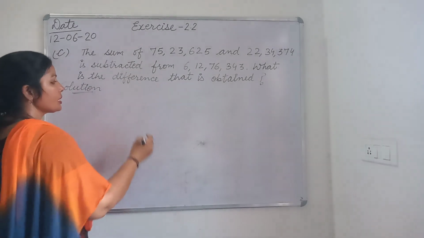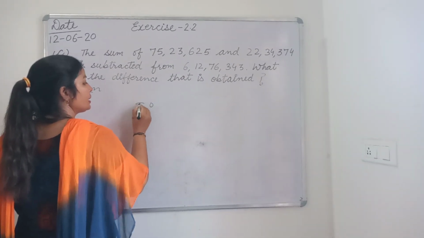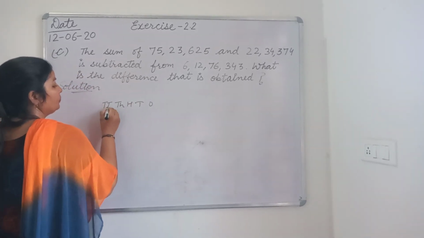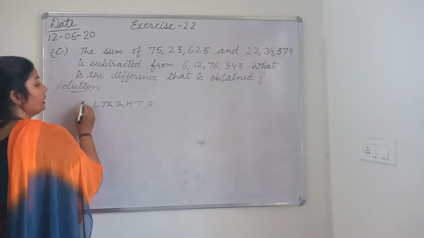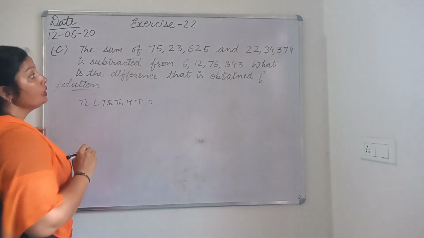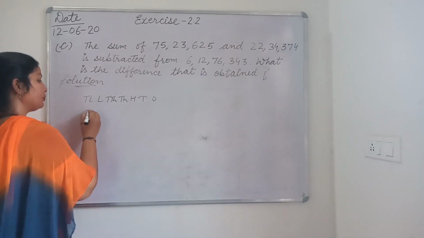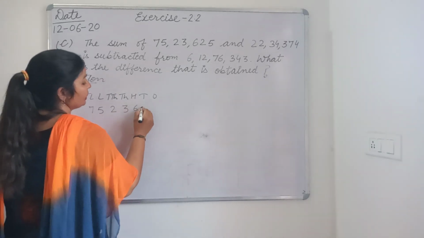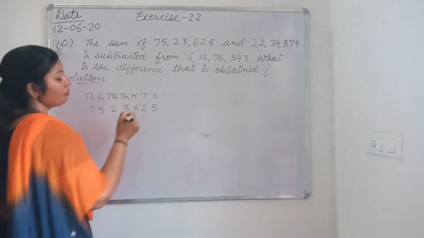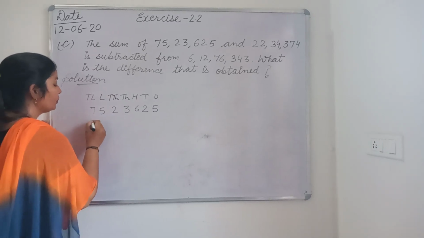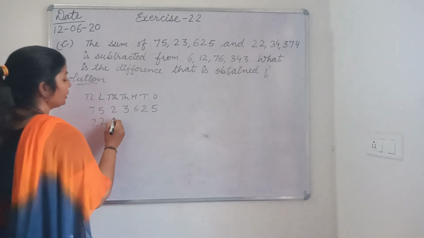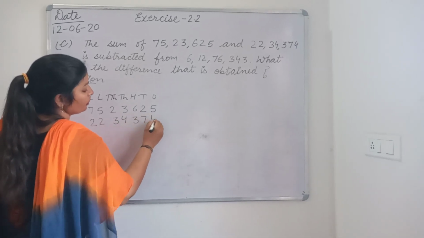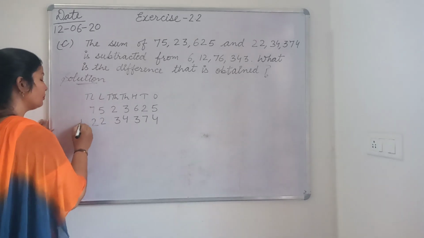So we write ones, tens, 100, 1000, 10,000, lakhs, then 10 lakhs. Okay. Now first number is 75 lakhs 23,625. Then plus 22 lakhs 34,374.